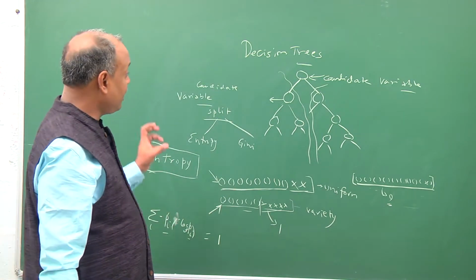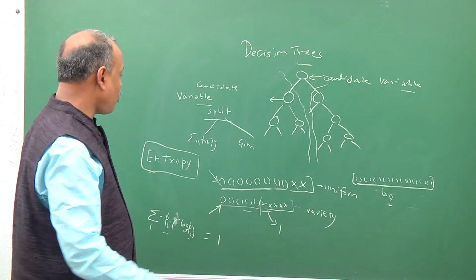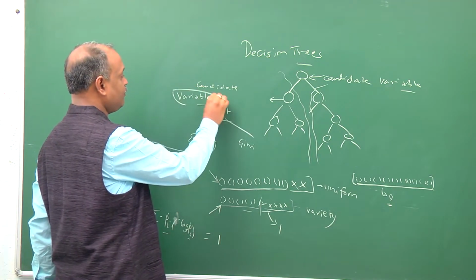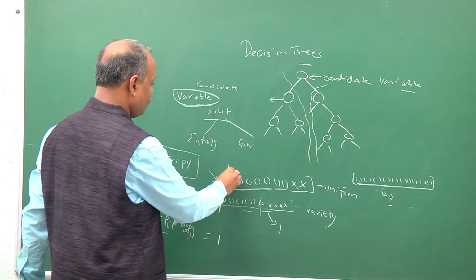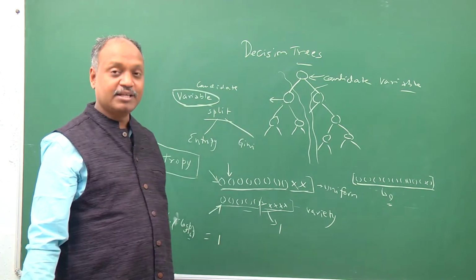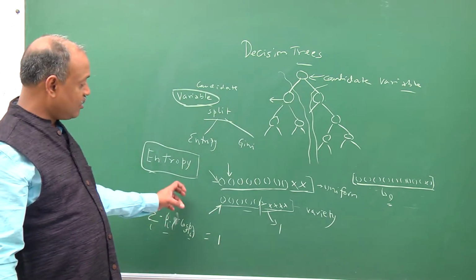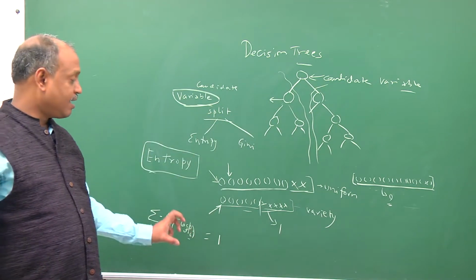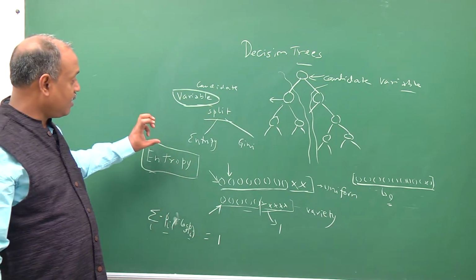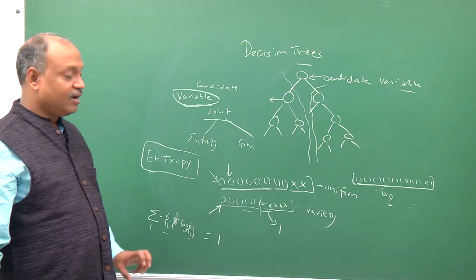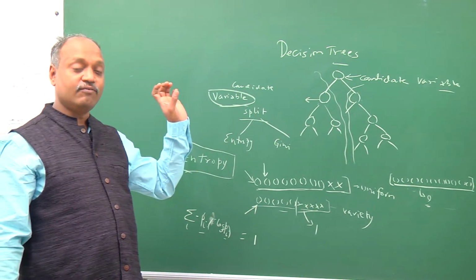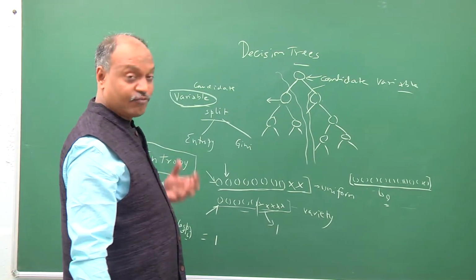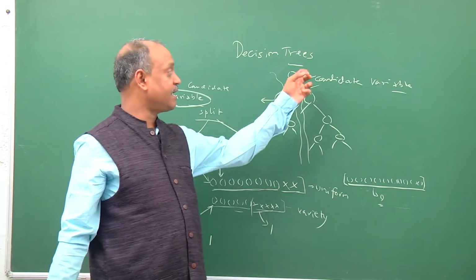When you use entropy as the concept for determining the candidate variable, you look at all the candidate variables with assignment to a particular value and compute the corresponding entropies to see how the entropy plays out for that particular split. That will determine which candidate variable value combination gives you the highest change in entropy, also called information gain, and that is chosen as the candidate variable here.